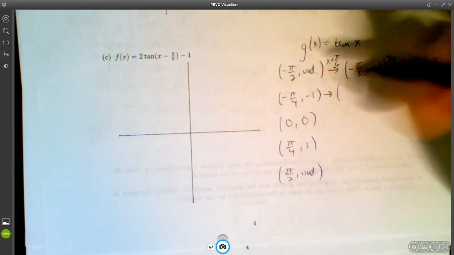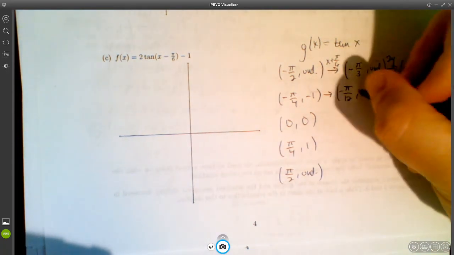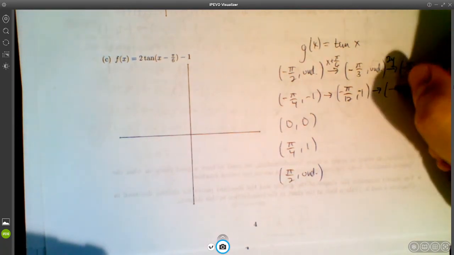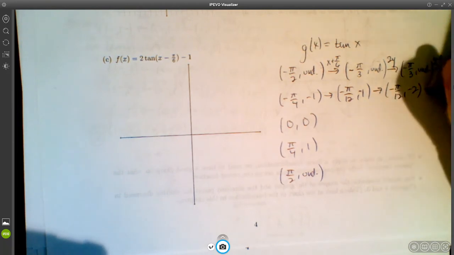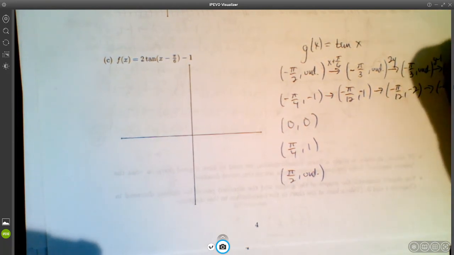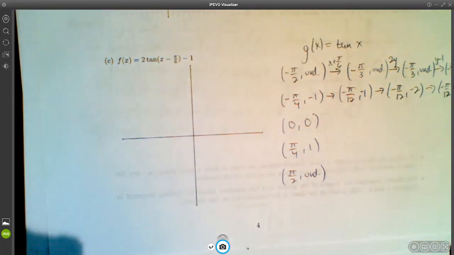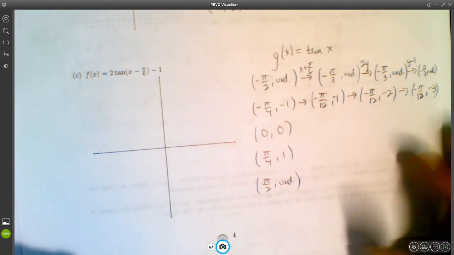That's negative pi over 12. Then I'm going to multiply the y-coordinate by 2. And then I'm going to subtract 1. So the point negative pi over 12, 3 is on the graph of f of x.